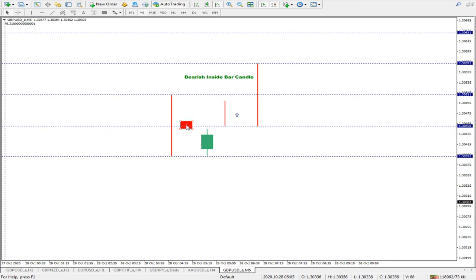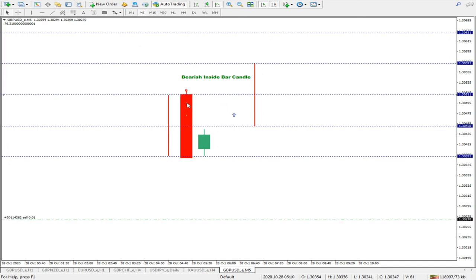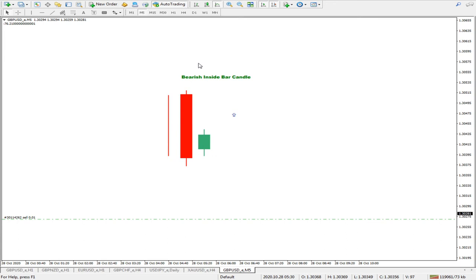Yes, the green needs to be red and the red needs to be green. So look at the candles we have just drawn now. You can basically see that it's exactly opposite the previous candle, the bullish inside bar candle.